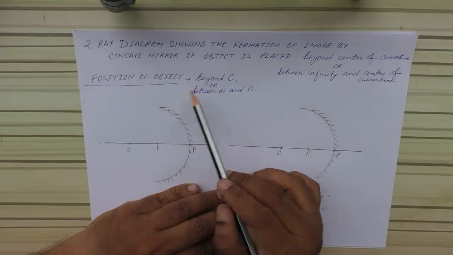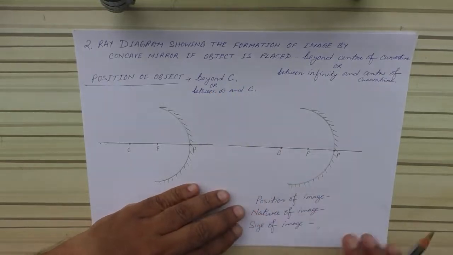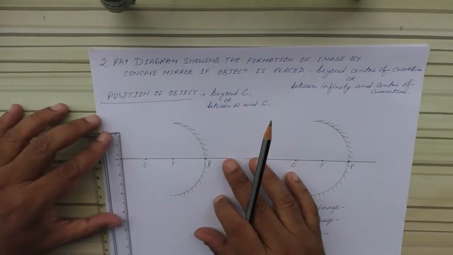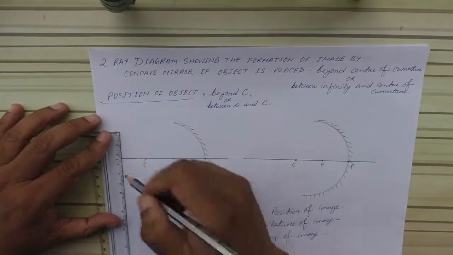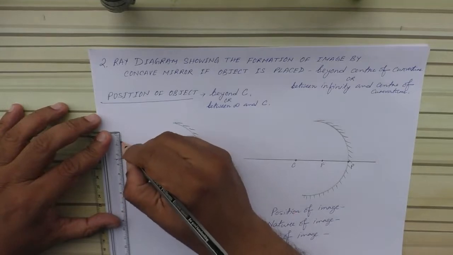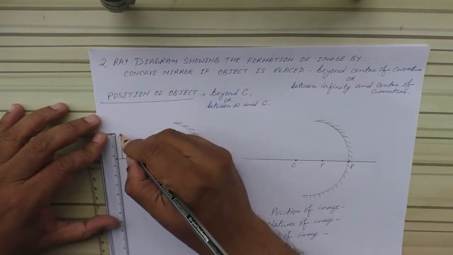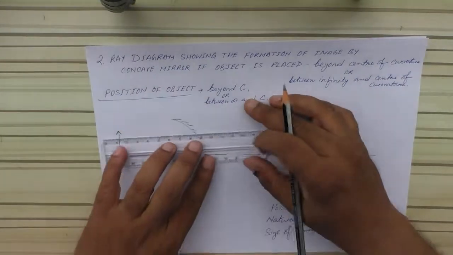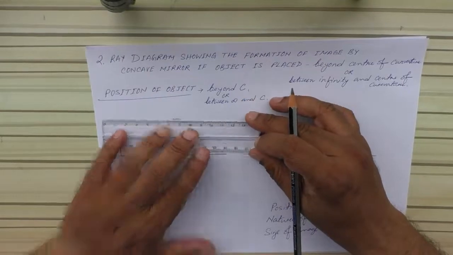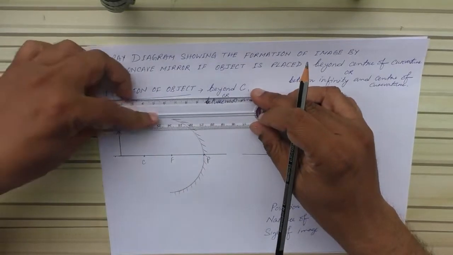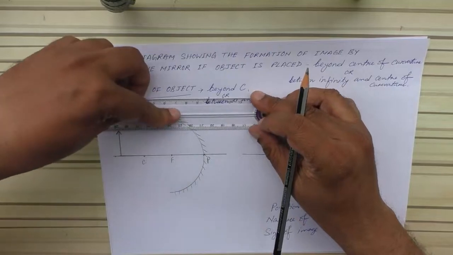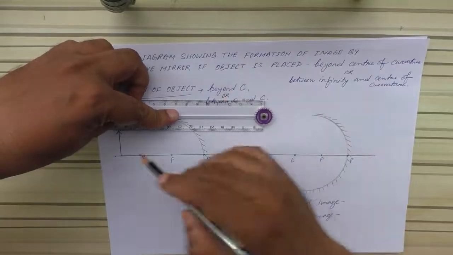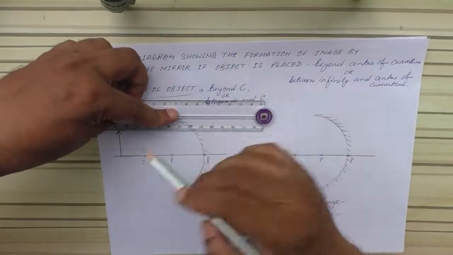So the position of the object is beyond C or between infinity and C. This time we can draw an object in front of the mirror like this, and from the top of the object a ray of light is incident parallel to the principal axis.